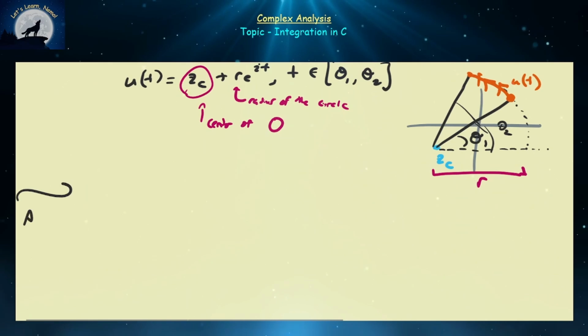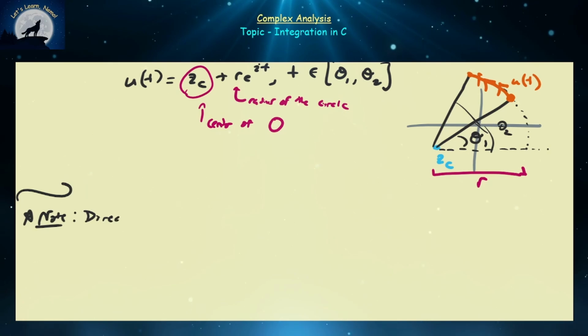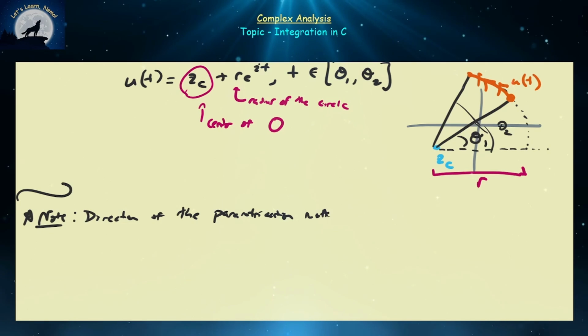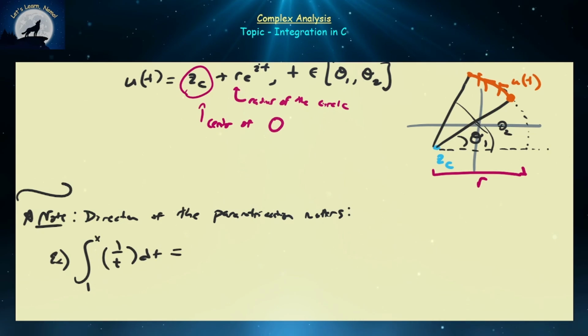Another note that I want to mention before getting into it: the direction of the parametrization does matter. Even in the realm of real analysis, it mattered, because remember, if we integrate from 1 to x of 1 over t dt, that's going to give us the natural log of x.